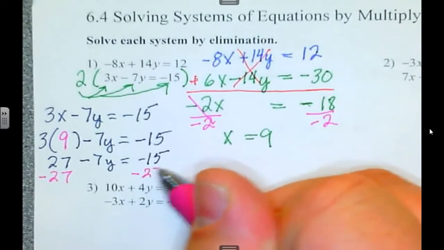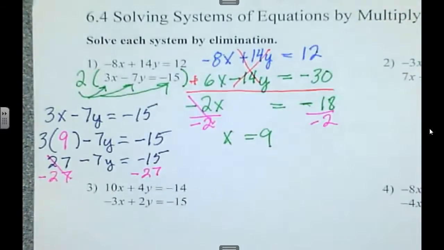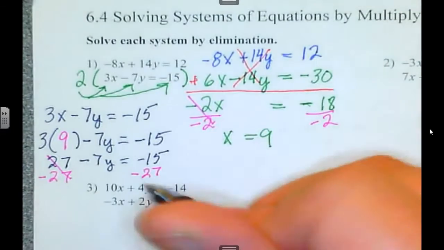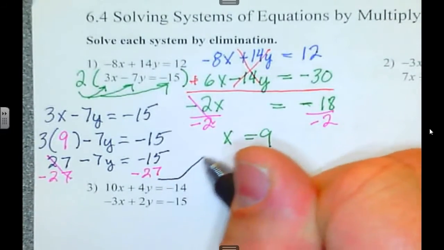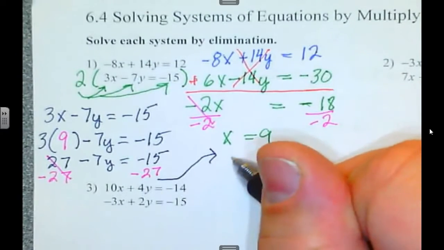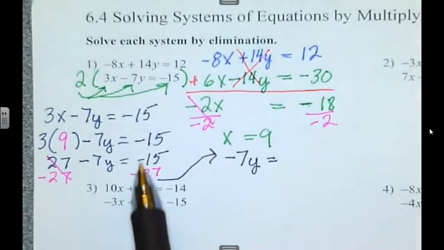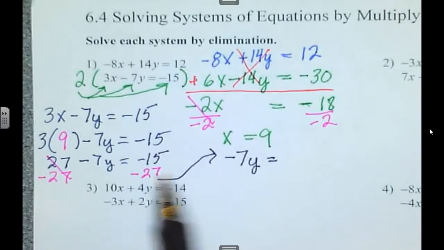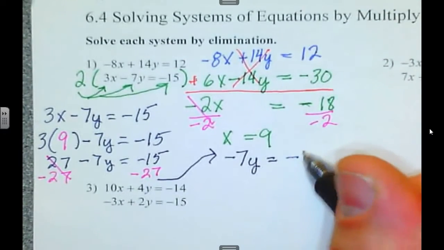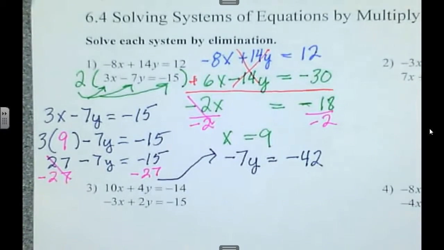I never leave myself enough room. So I have negative 7y equals negative 15 minus 27, which is negative 42.